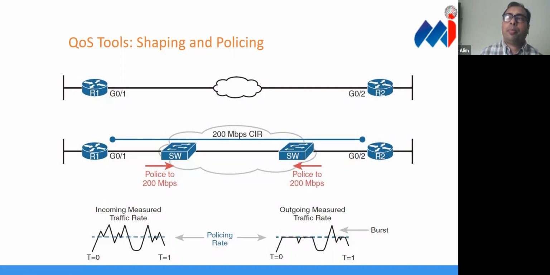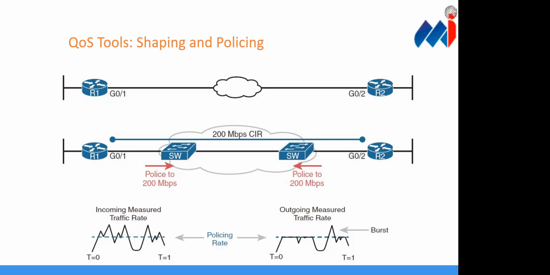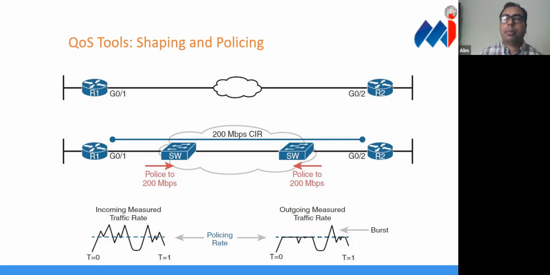But when you contract with a service provider, they will give you different options, and you will purchase a specific bandwidth from them. Say in this picture you are using a 200 Mbps link. But their network may be 1 Gbps.